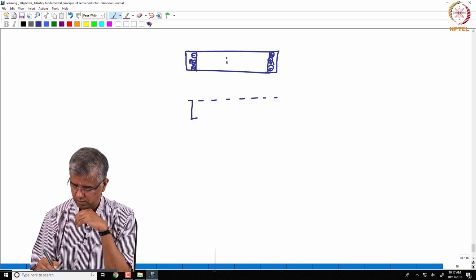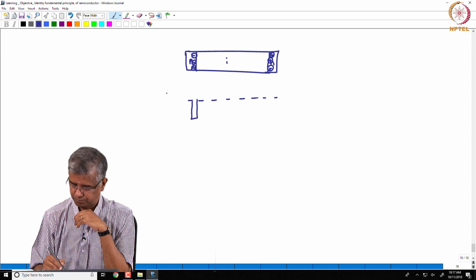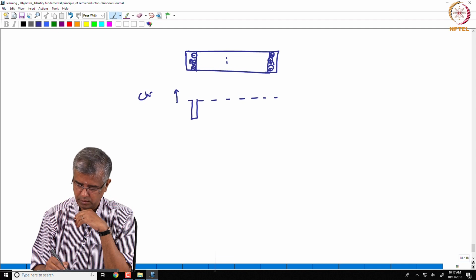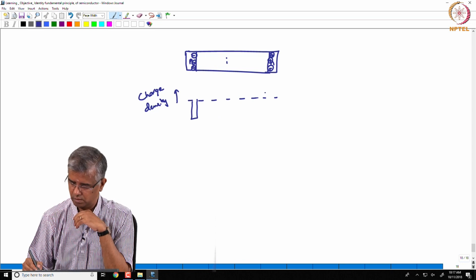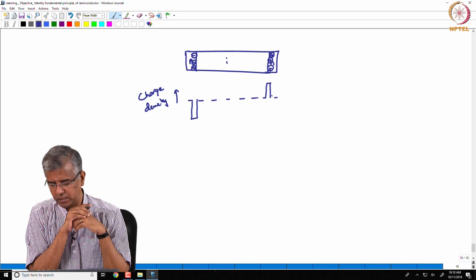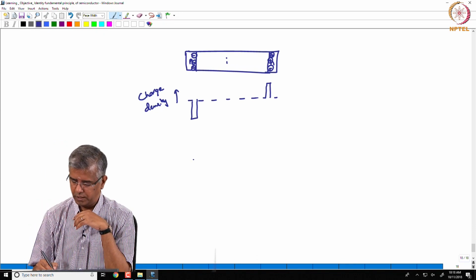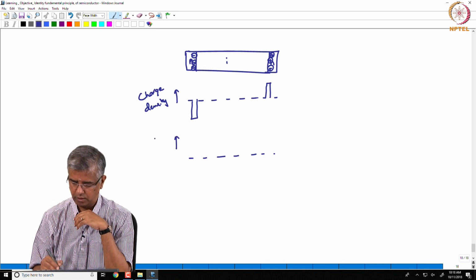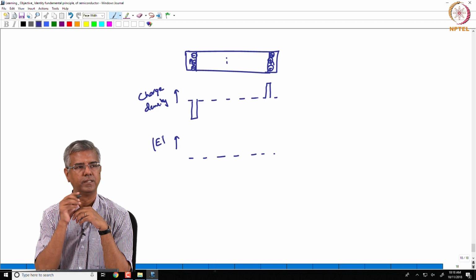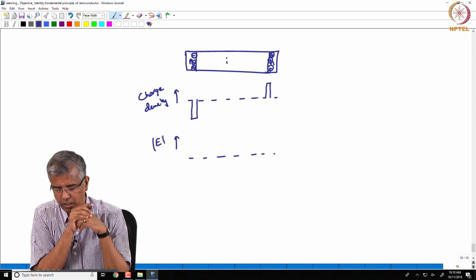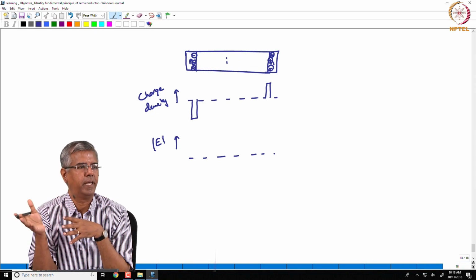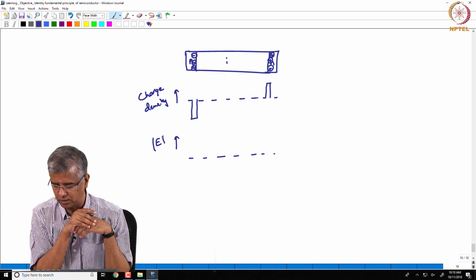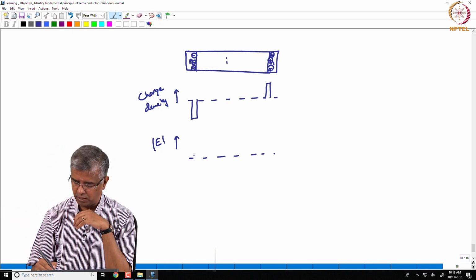In terms of charge density, this is the charge density, right, and you have positive charge density over here. But the key is, what do you see when you look at the magnitude of the electric field?